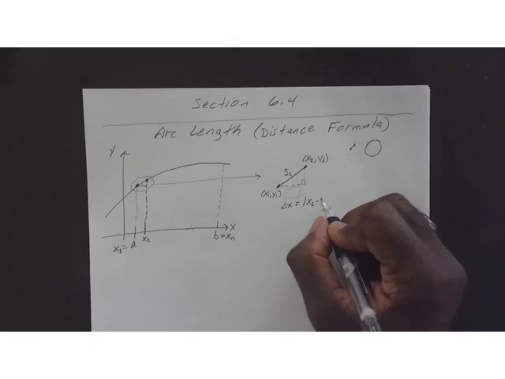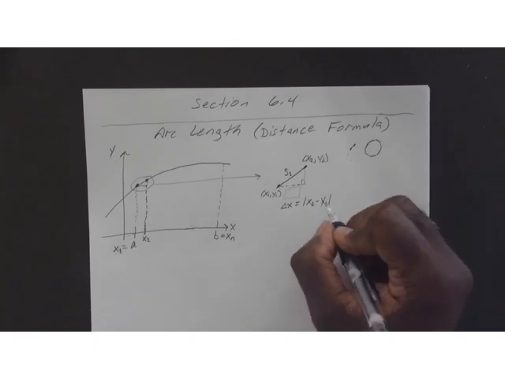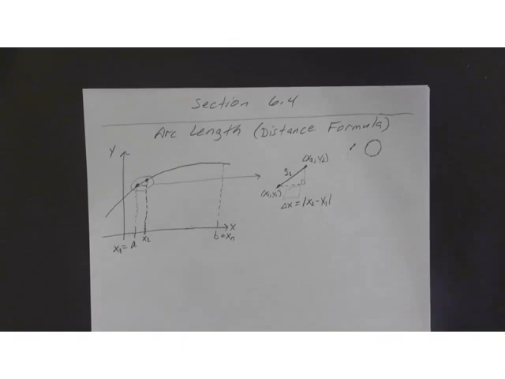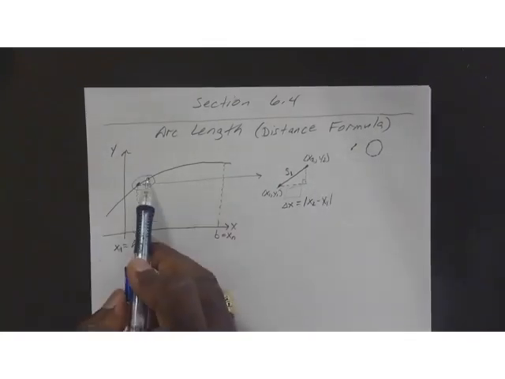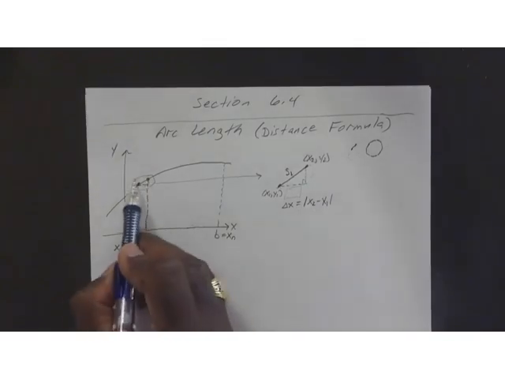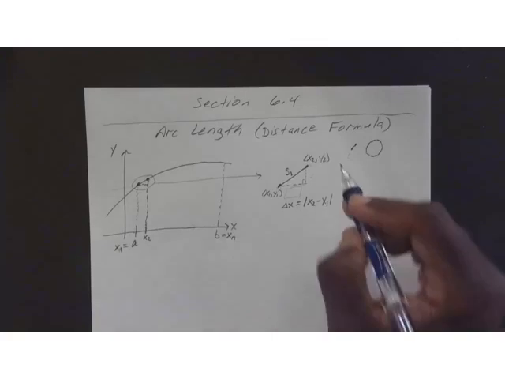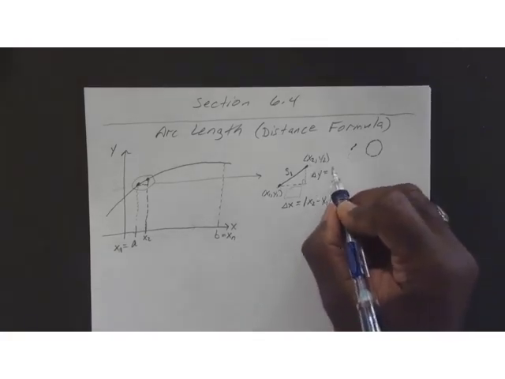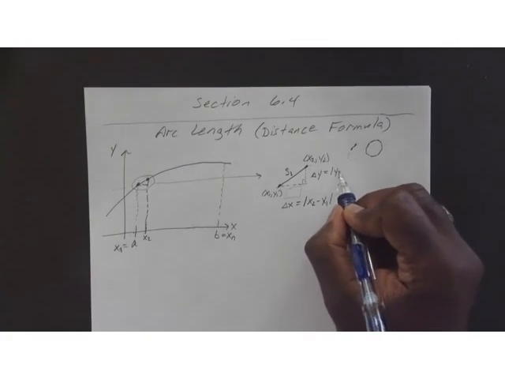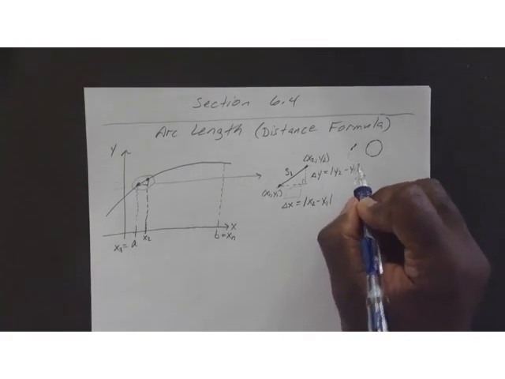So to say x2 minus x1. Or you can say x1 minus x2, it'll still come out to be the same. That's why we put the absolute values up in there. Same thing with the distance of y. We wanted to find the length of that side. That's just y number 2 minus y number 1. Well, we can say that delta y is equal to the absolute value of y number 2 minus y number 1.